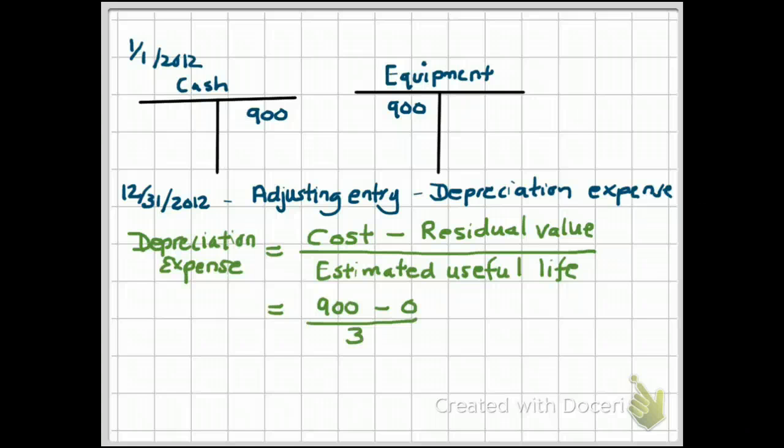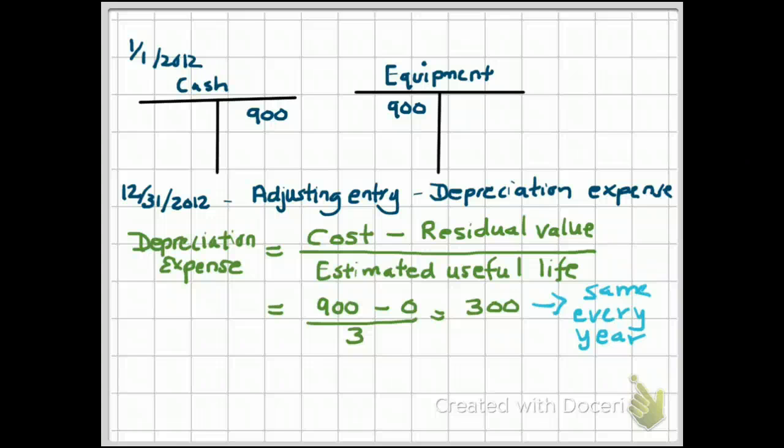Your depreciation expense, therefore, is 300. And the good thing with straight line depreciation is your depreciation expense is going to be the same every year. So for 2012, 13, 14, you're going to have $300 of depreciation expenses every year.